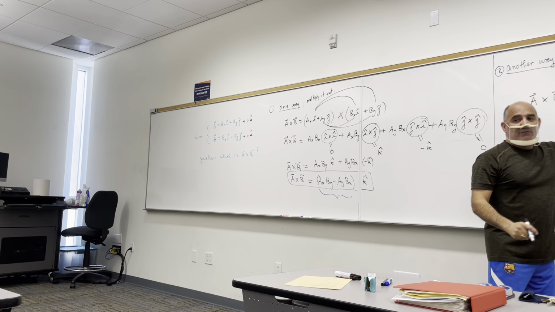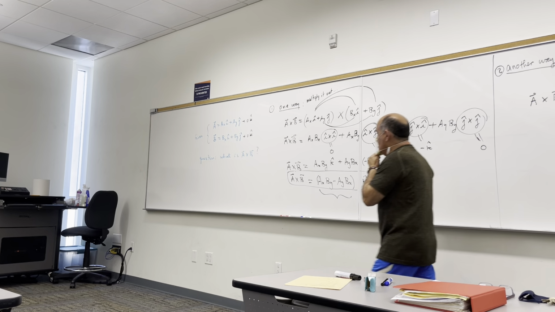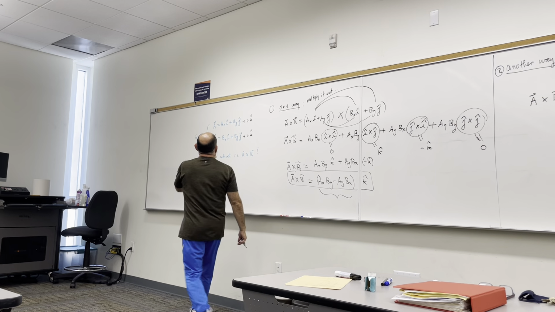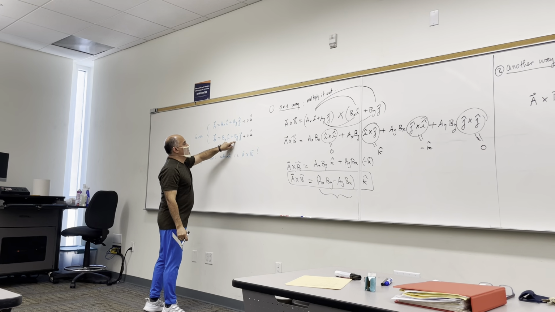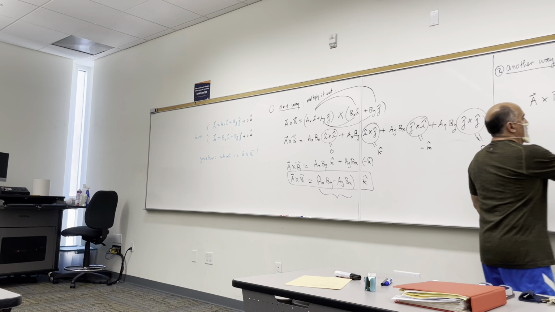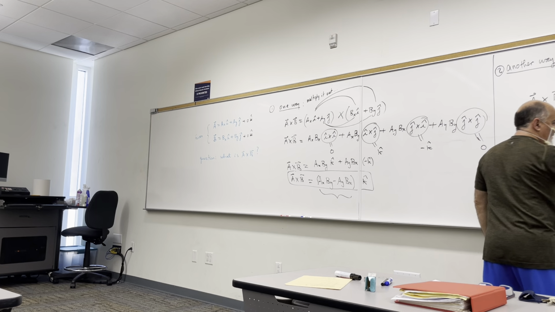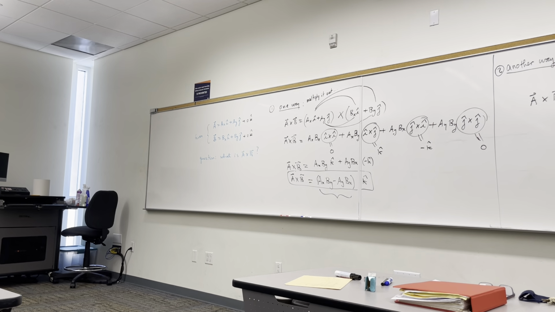And the third row are the components of the second vector in the cross product, which in this general case would be b sub x, b sub y, and 0. And then I evaluate this thing. Now, there are various ways of evaluating this determinant.